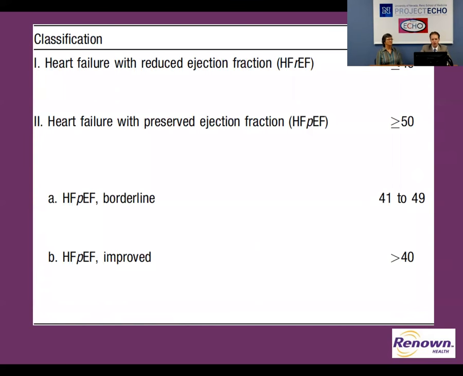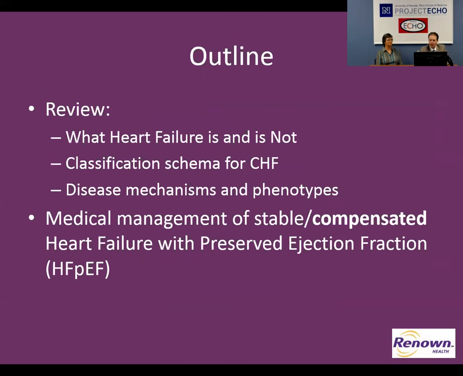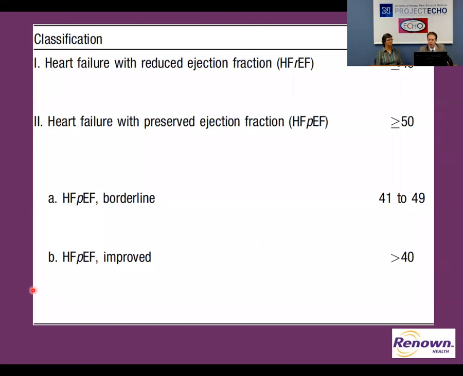So heart failure with reduced ejection fraction, as you'll recall, is defined in the guidelines as an ejection fraction equal to or less than 40%.